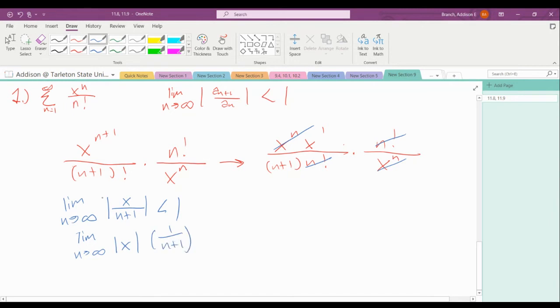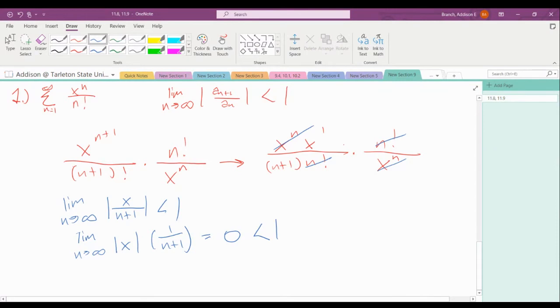So if we take our limit, the absolute value of x times 1 over n plus 1 as n goes to infinity, we're essentially going to get x over infinity. So this limit is going to go to 0, and we know that's going to be less than 1.